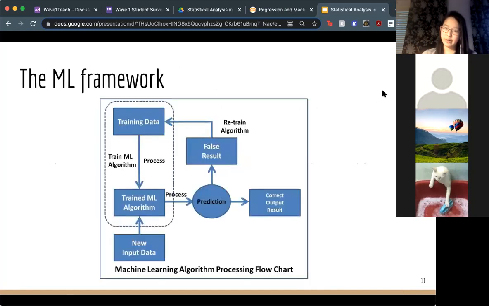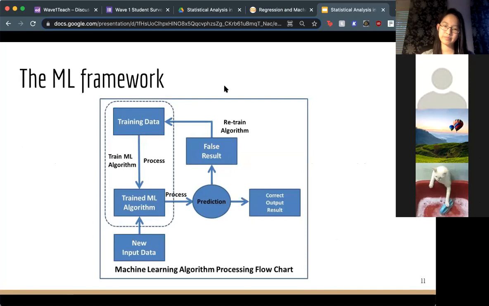The machine learning framework, I will have to elaborate on this further because you guys have not been given any examples to work off of. But this is just a broad overview of how most machine learning algorithms work. Real fast, I'll explain this as a general overview.